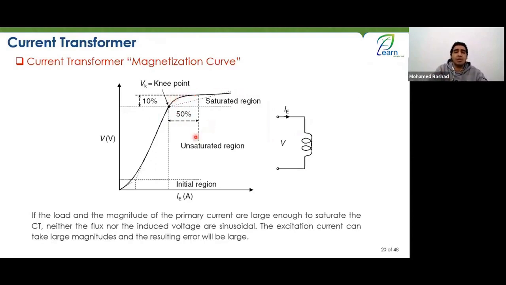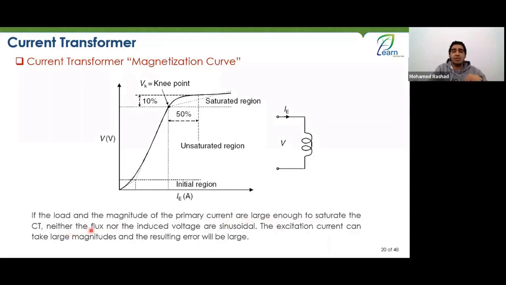That's why I showed you and told you that this area here is unsaturated and the area above is the saturated point. So I told you if the load and the magnitude of the primary current are large, meaning the values of the currents are high, this will cause saturation of the CT.